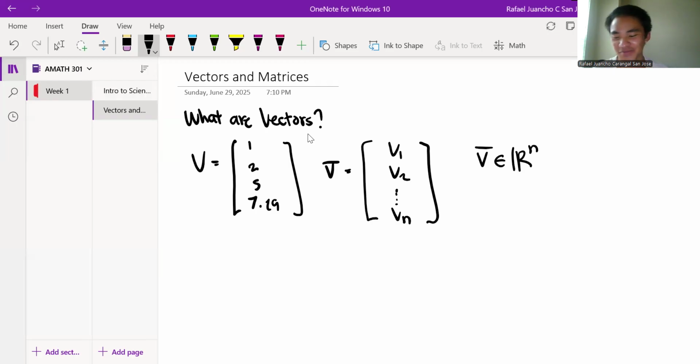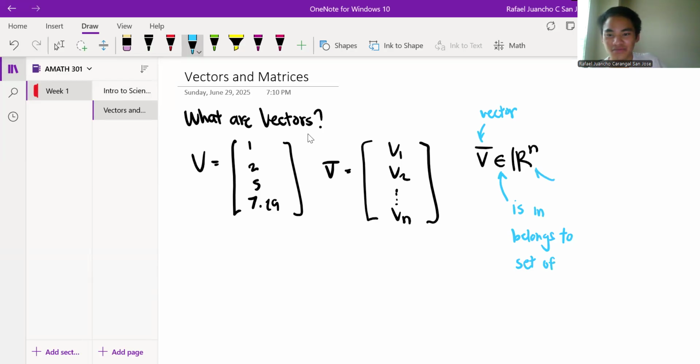Now we're going into a bit of notation, but basically, this symbol means it's in, or belongs to, or set of.